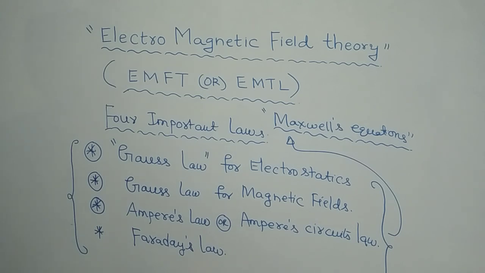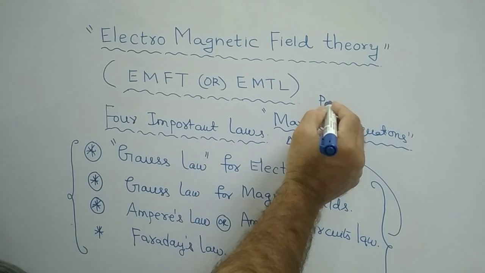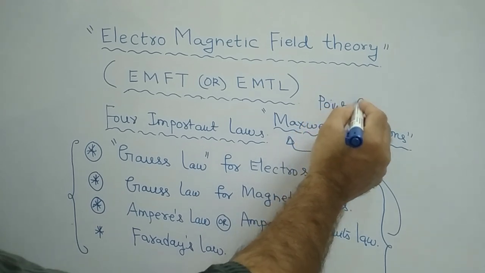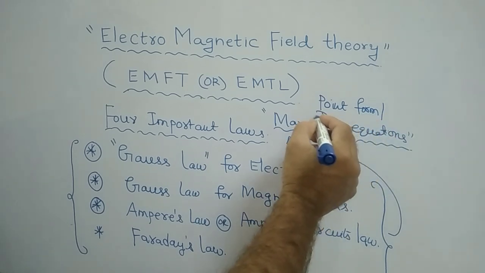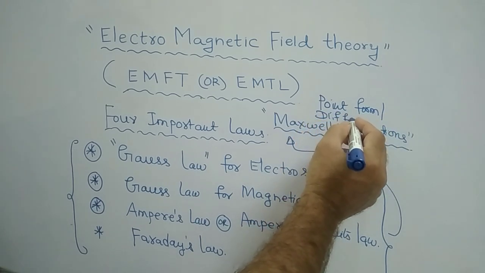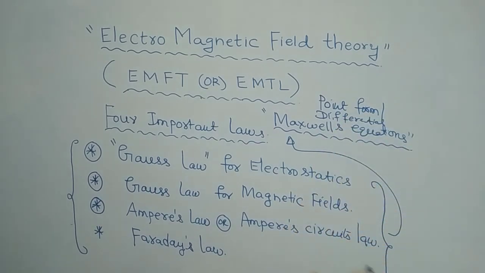If you are asked to explain Maxwell's equations in differential form, the differential form can also be called the point form. Differential form means d by dx, or delta, you can say. That I will explain very neatly in the subsequent presentation.